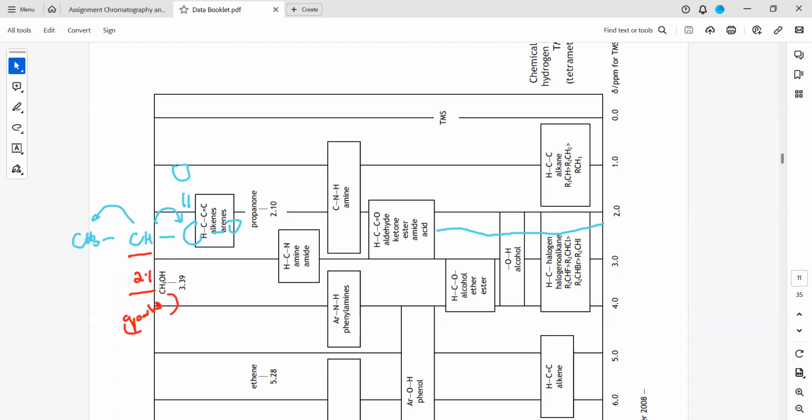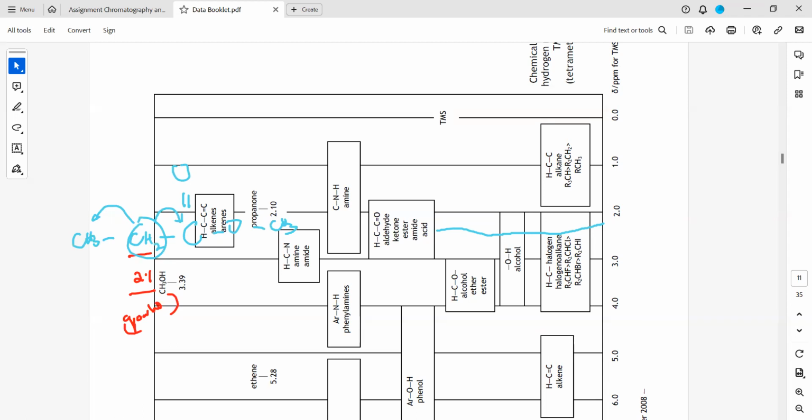So what does it mean? This should be CH2, and then the remaining will be CH3 here, because four carbon atoms. So we identify from the data booklet that a peak at 2.1 is the peak when a CH, CH2 or CH3 is attached to a carbon of C double bonded with O and O. This carbon is giving us the peak, and it is giving a quartet, so its neighbor should have three hydrogen.